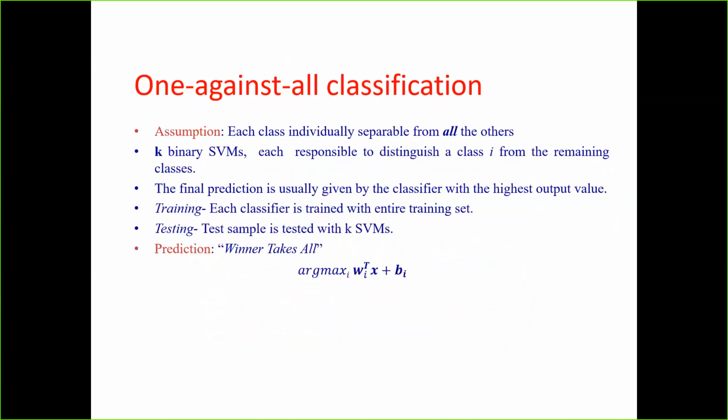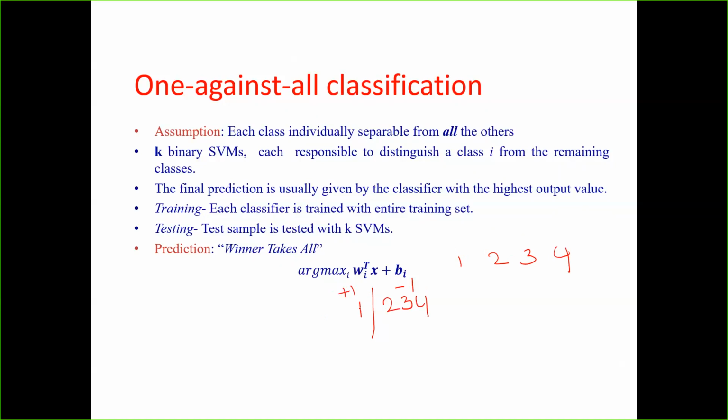We'll start with one against all classification. As the name itself says, it means we'll be learning one versus the rest of the classes. Suppose there are four classes, 1, 2, 3, 4. Let us enumerate them like this. I'll create one binary problem, 1 versus 2, 3, 4. It means I'll label class 1 as the positive instances and classes 2, 3, 4 as the negative instances.